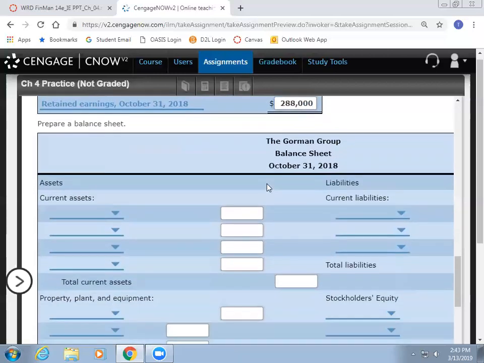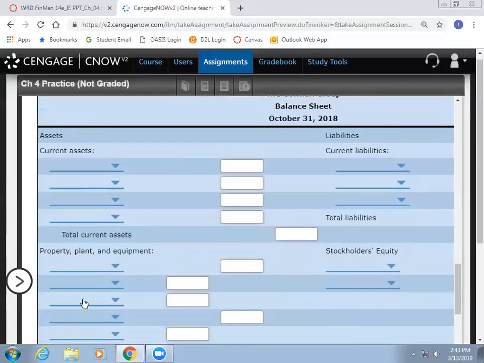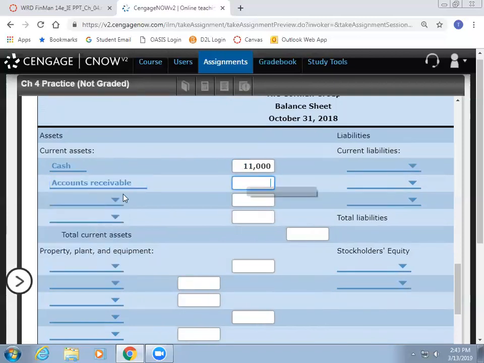And then the balance sheet. This one is showing assets on the left. So we're going to start with cash. And cash is $11,000. Next, we have accounts receivable, which is $28,150.